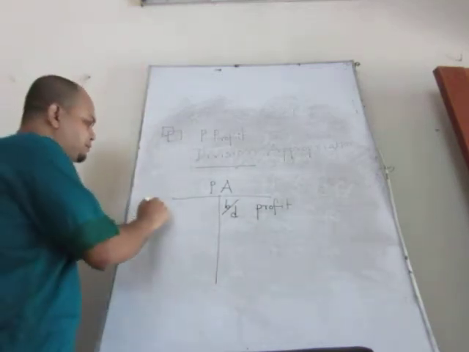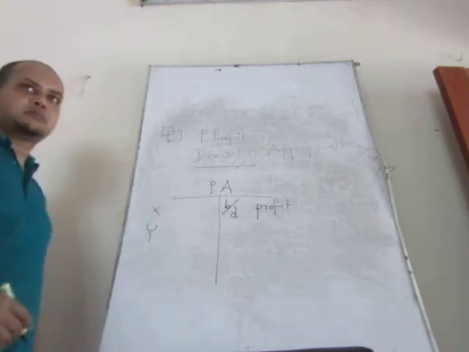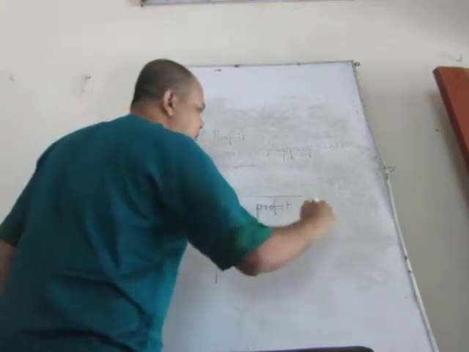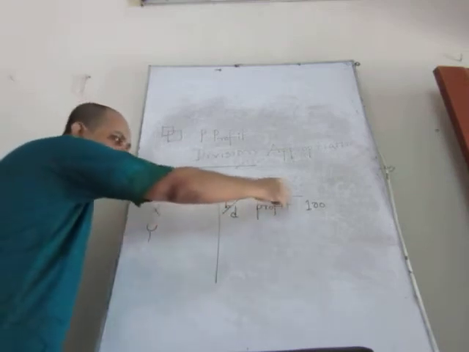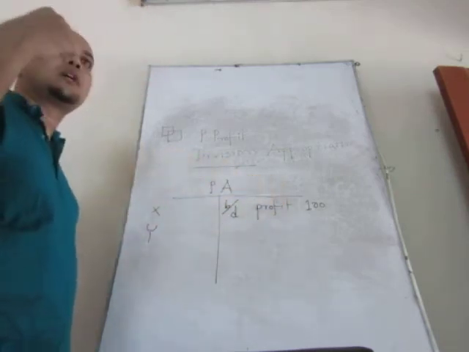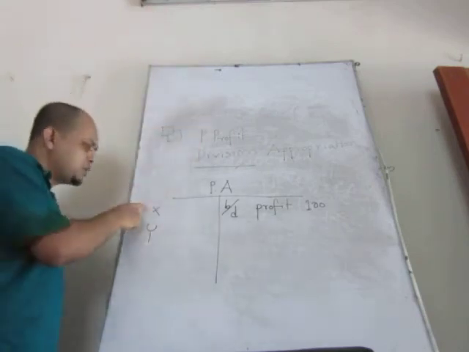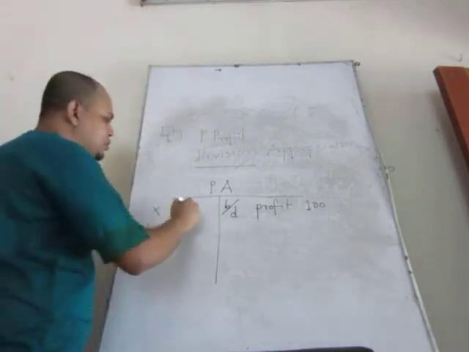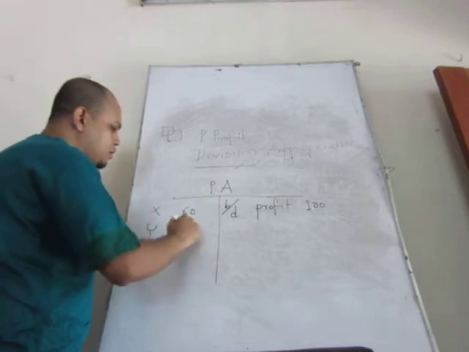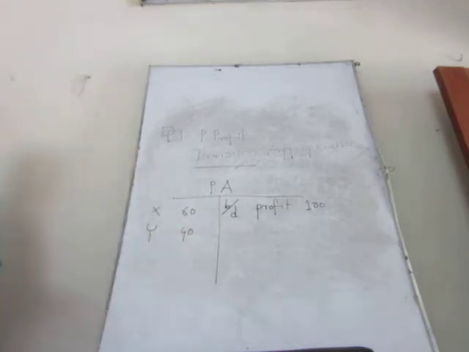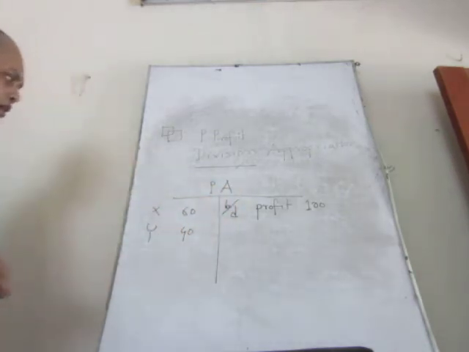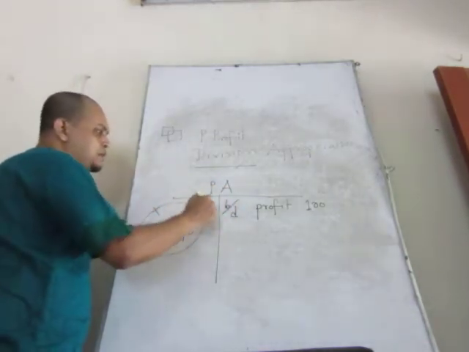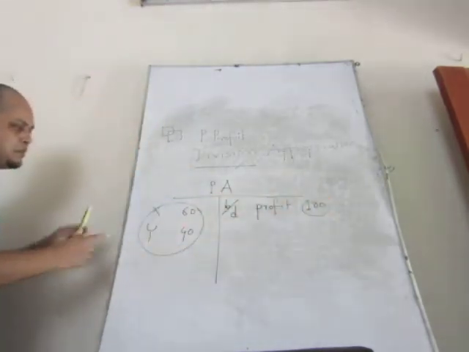One is X, another is Y. And for our understanding, suppose the profit is $100. Right? Now, this profit will be distributed, appropriated, apportioned between these two partners. For example, X will be provided $60 and Y will be provided $40. Right? So this is called the profit appropriation account. Here we distribute this total $100 profit between X and Y.